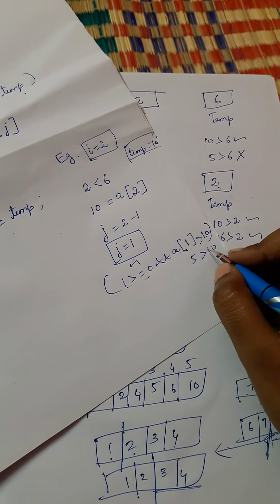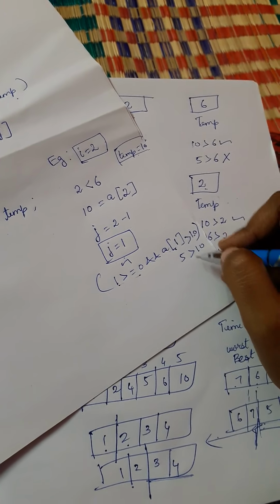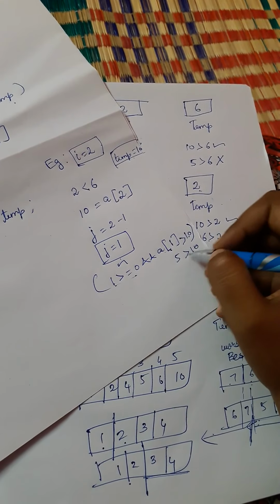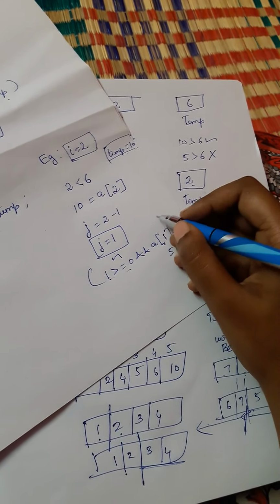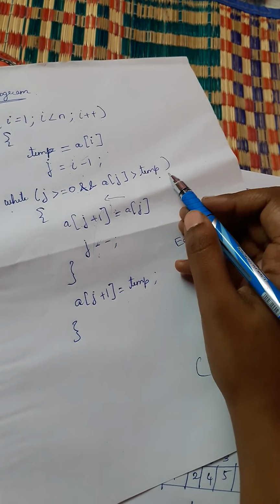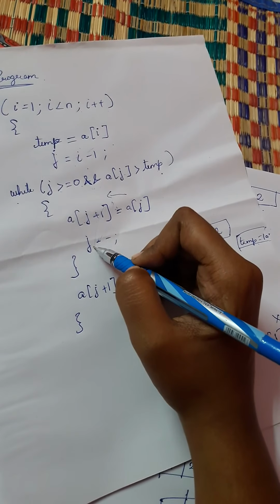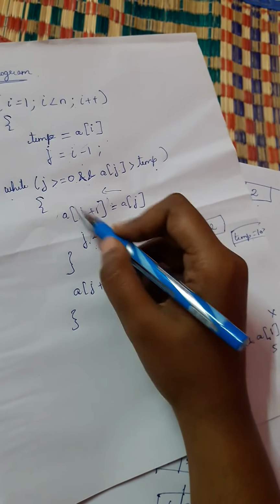No, so this condition is not satisfied because 5 is less. Both conditions must be satisfied to enter the loop, so I cannot enter this loop.